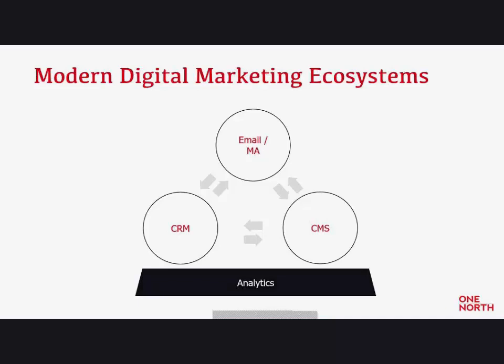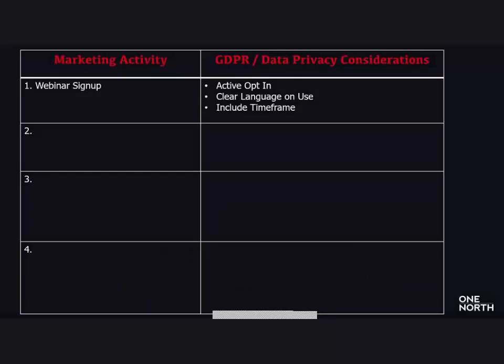So let's look at a scenario that leverages an ecosystem like this. You're starting with a simple marketing activity, a campaign to have people sign up for a webinar that shows your thought leadership. So what changes in that world now? It's exactly like what you're doing now, but it's about getting that consent in a different way.